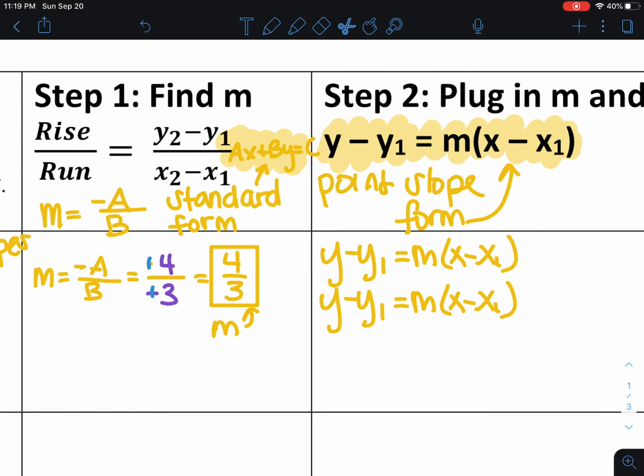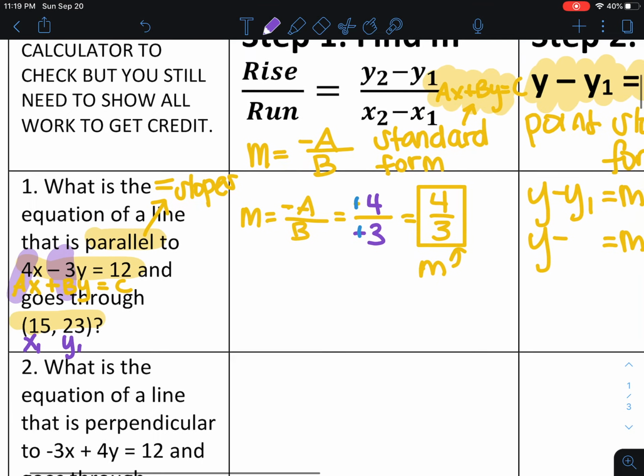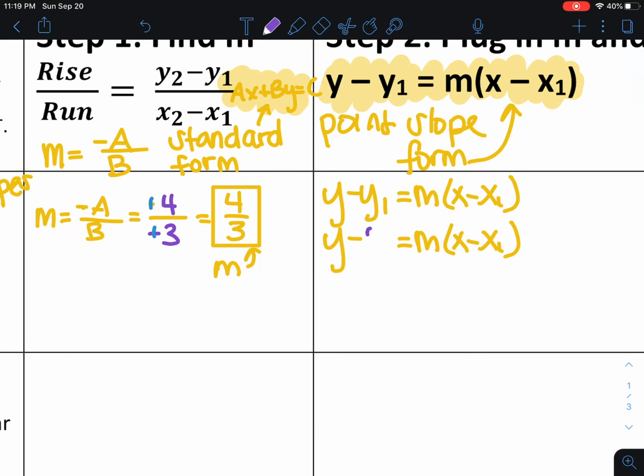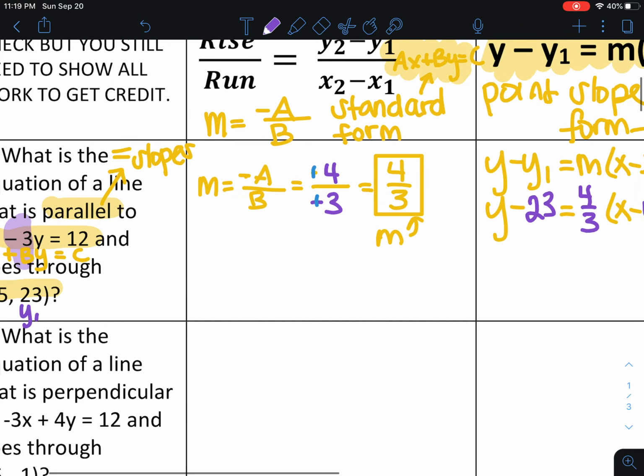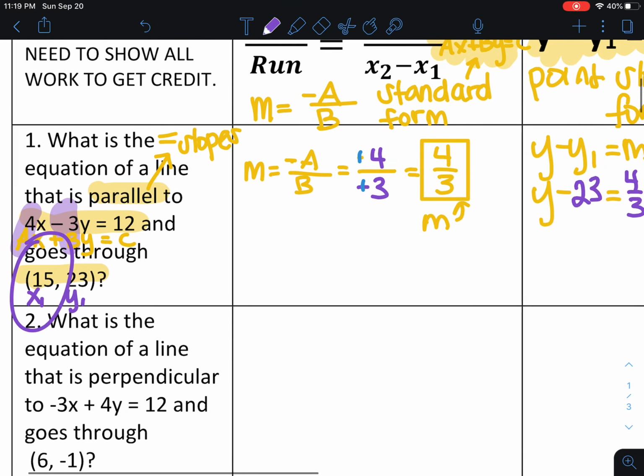Okay, I'm being a little lazy. I'm not actually writing it again, but you get my point. All right, so I'm going to erase y1, and I'm going to replace it with, what was y1 again? It was 23. Then I'm going to erase m, which was the slope, and replace that with 4/3. Then I'm going to erase x1 and replace it with 15, because that was over here, right? 15, that's where I got that from.